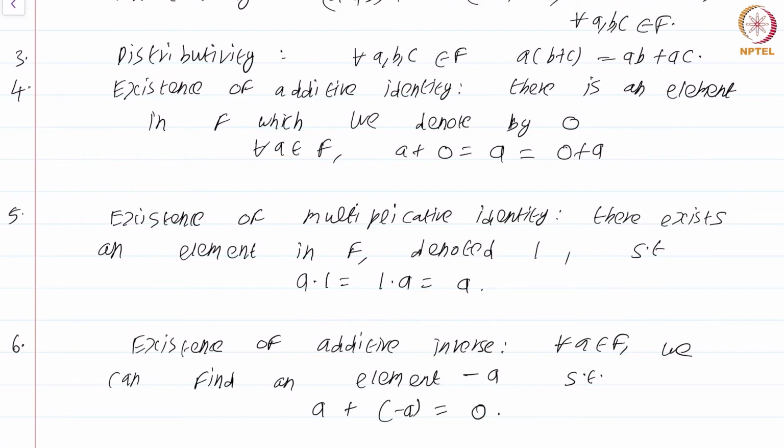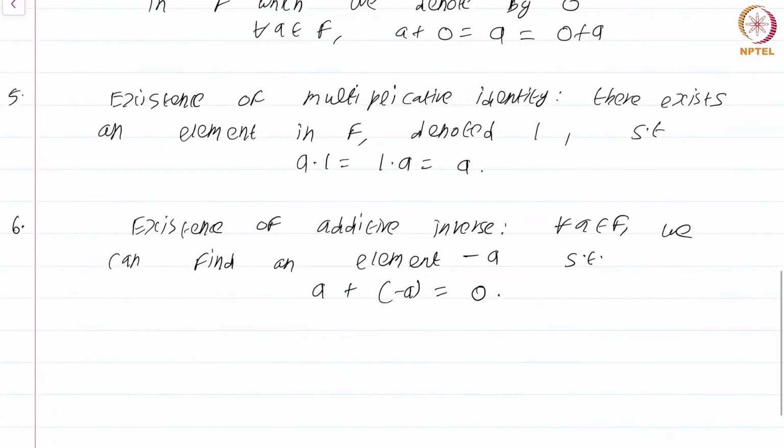Note very carefully, I have not written A minus A is 0 because we don't have a minus operation on this set. We have only an addition and a multiplication. So that's why I'm writing A plus minus A equal to 0, which is also equal to minus A plus A. Again, this follows from commutativity, but I am just mentioning it.